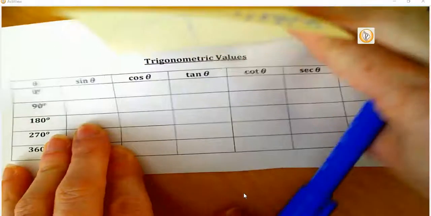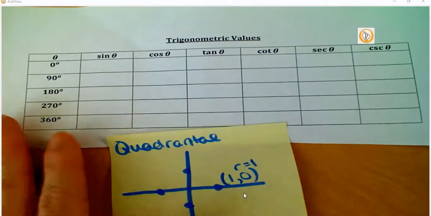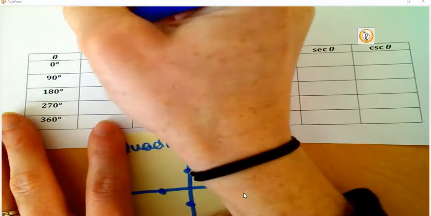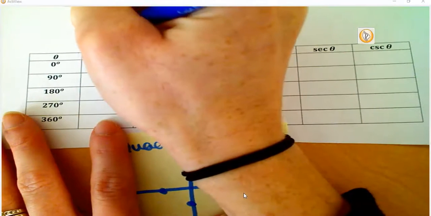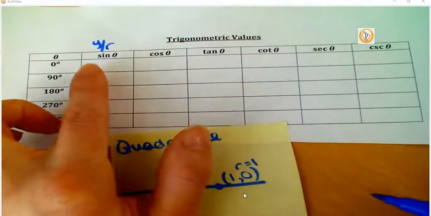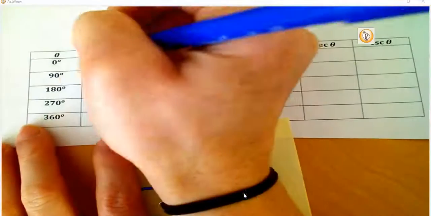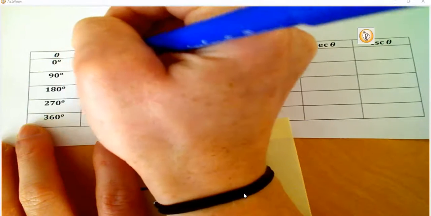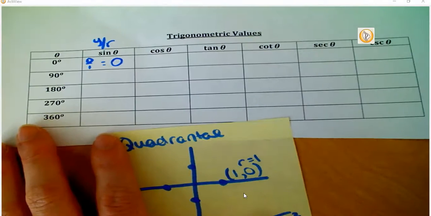So if we think about our definitions, what is the definition of sine? Using x, y, and r. What did we say? Y divided by r. So at 0, my y is 0, r is 1, so I have 0 over 1, which is 0, so sine of 0 is 0.